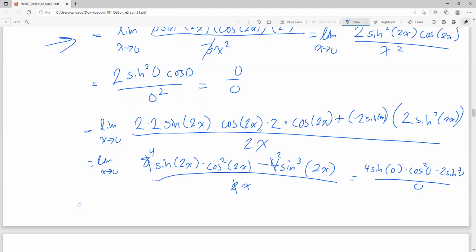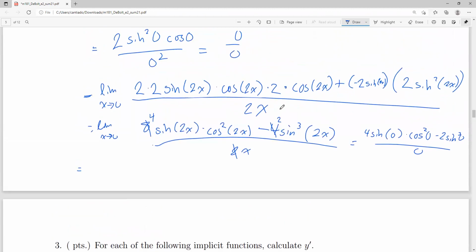It's a little painful, but it is what it is. Let me rewrite this real quick. That function is 4 sine of 2x cosine squared of 2x minus 2 sine cubed of 2x, all over x.